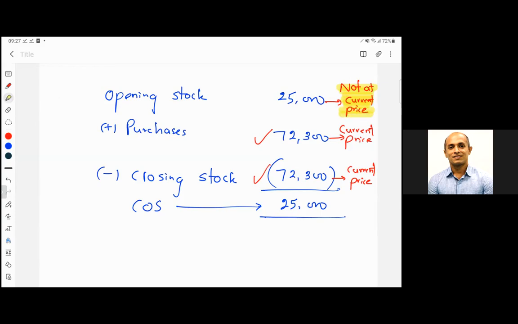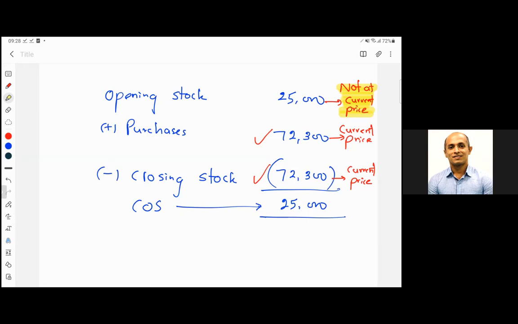So this is the point you should adjust. The opening stock at last year price, you need to bring into the current year price.